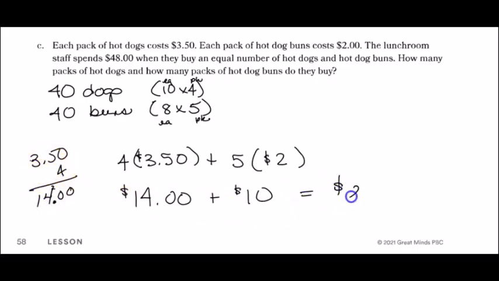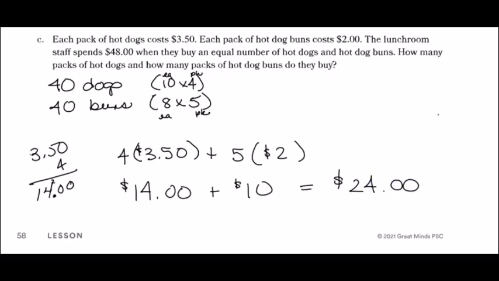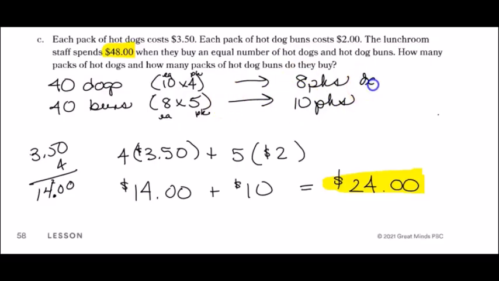And that is $24. But the problem said that they spent $48, which is double what we calculated here. So they would have purchased 8 packs of hot dogs and 10 packs of buns for a total of $80 each.